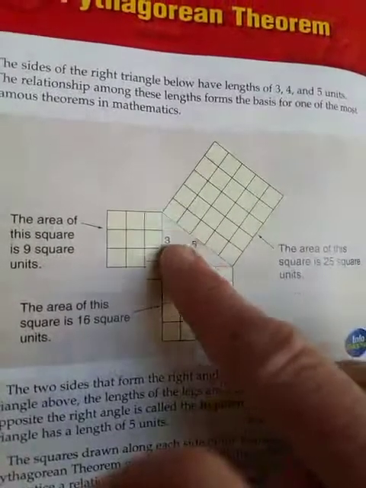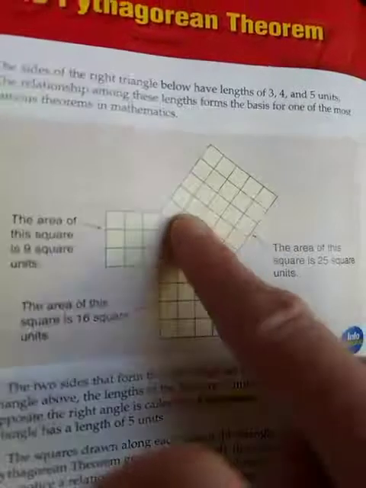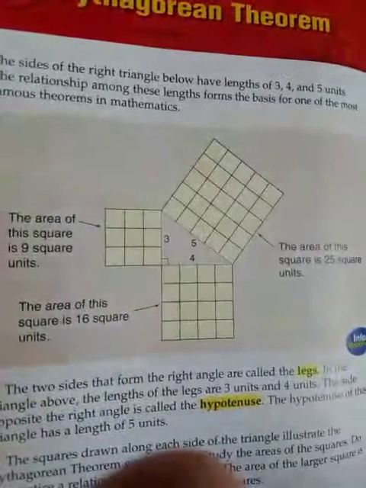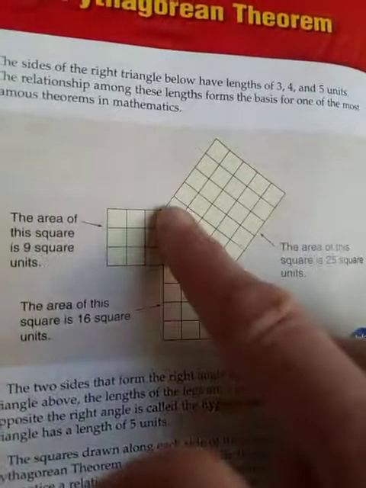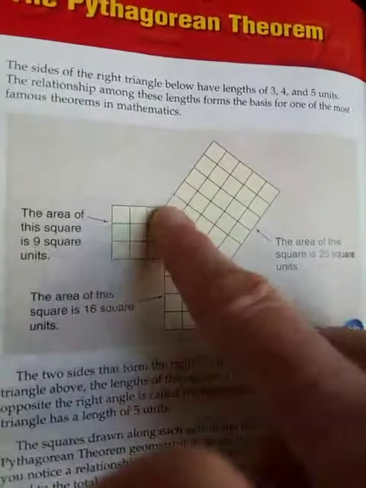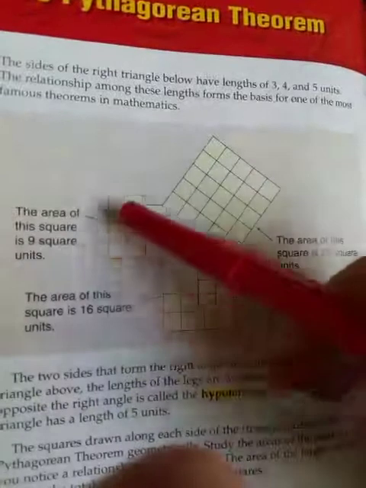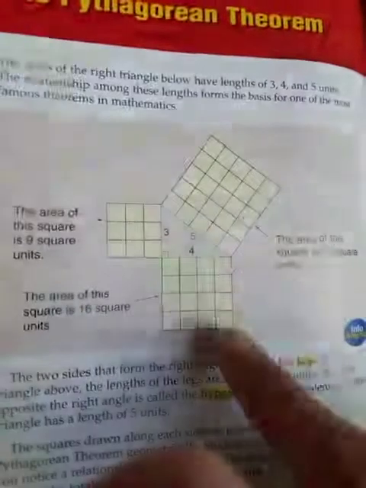Well, this length here is 3. The length of this one is 4, and the length of that side there is 5. Just to show you, if you had a 3 by 3 square, the area of that square is 9 square units, because 3 times 3 is 9.